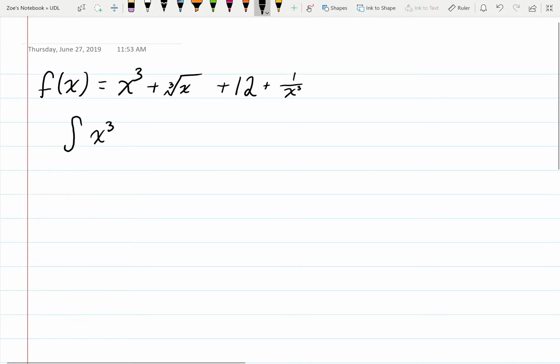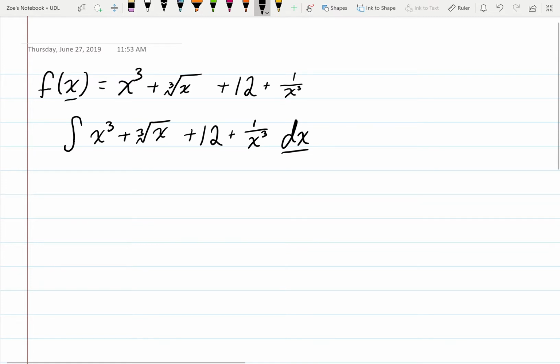So that's x cubed plus the cubed root of x plus 12 plus 1 over x cubed, and then dx. And we're using dx because that is the variable of integration because our function is in terms of x.